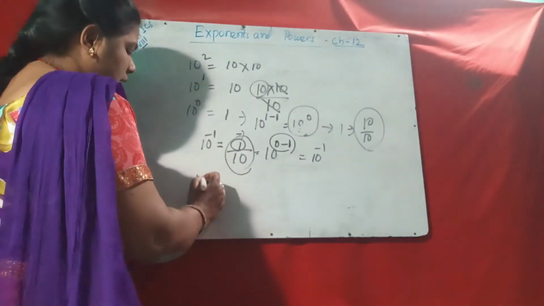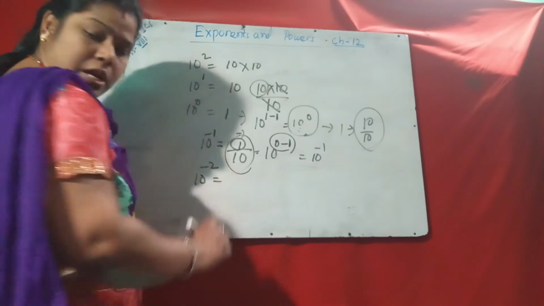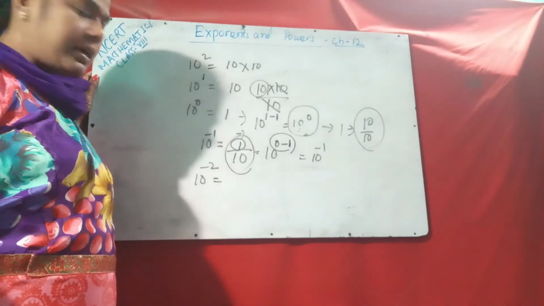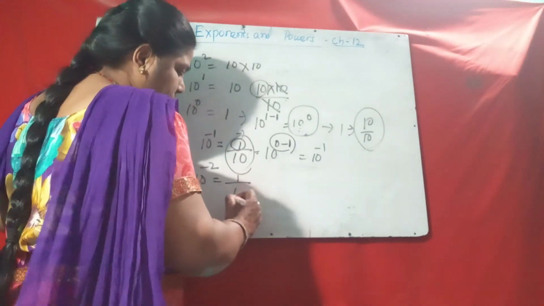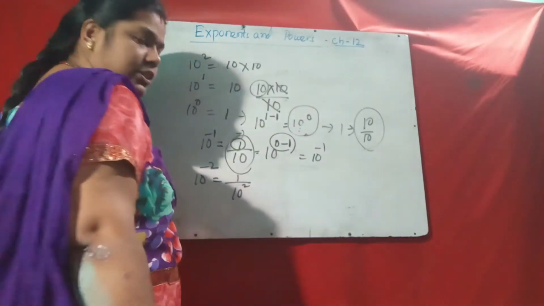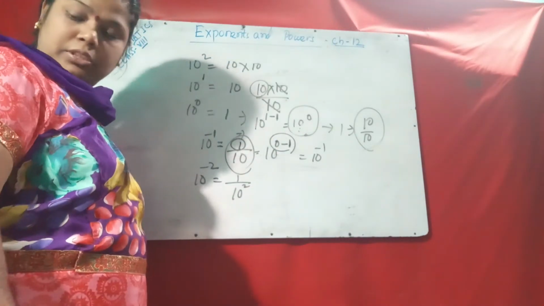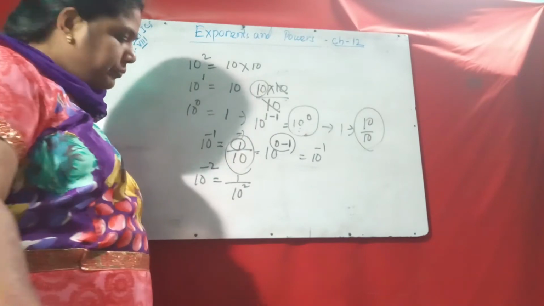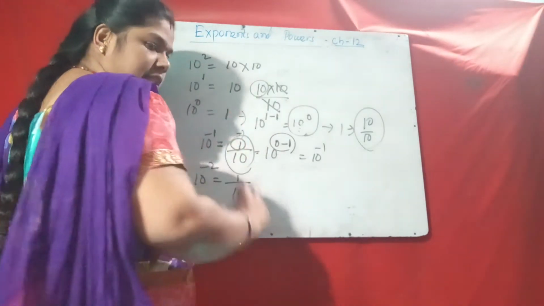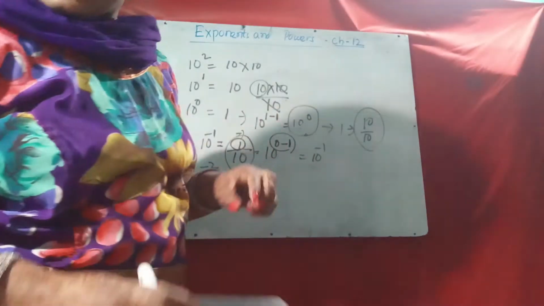Suppose 10 to the power minus 2. How will you solve it? 10 to the power minus 2 means 1 by 10 raised to the positive 2. Like this you will solve. This is the negative exponent.